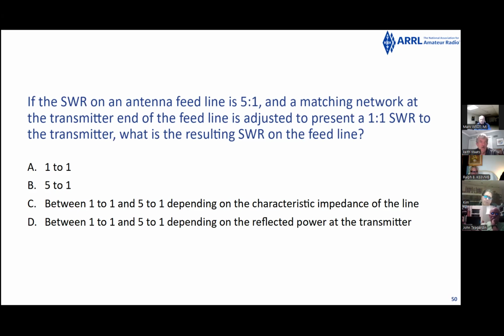B, it doesn't change it, right? Right, it doesn't change. Yeah.